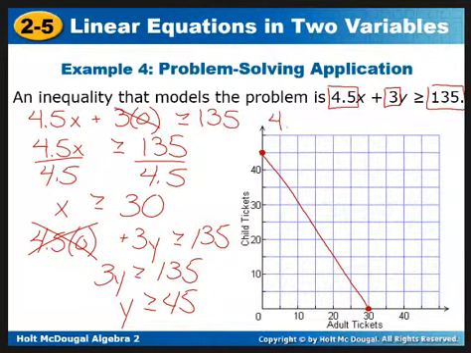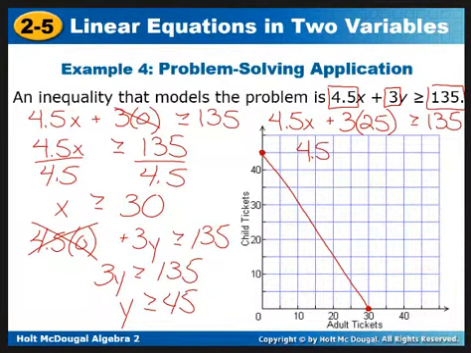So if I have 4.5x representing the adult tickets plus 3 times, so we're going to sell 25 student tickets, I get 4.5x plus 75. It's greater than or equal to 135. Okay, I'd have to subtract 75.